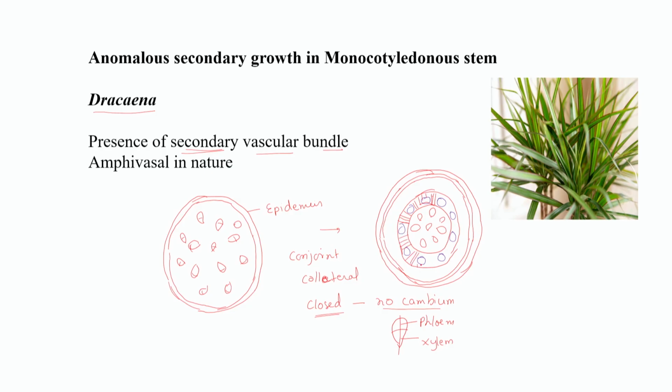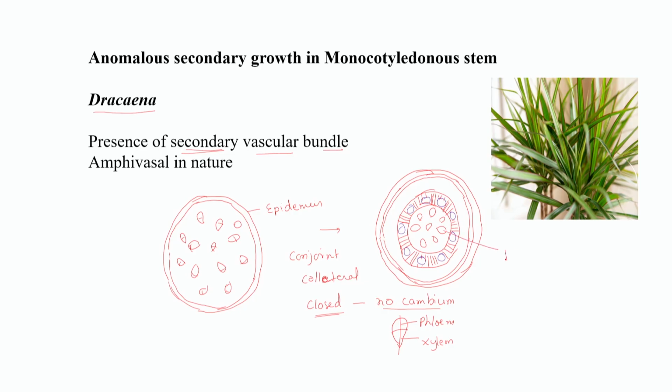These secondary vascular bundles will be found in the outer region of the Dracaena stem, and since secondary divisions are going on and it has a somewhat thick diameter, you could also see some cork layers, some active cork cambium. But let's focus on the vascular region.